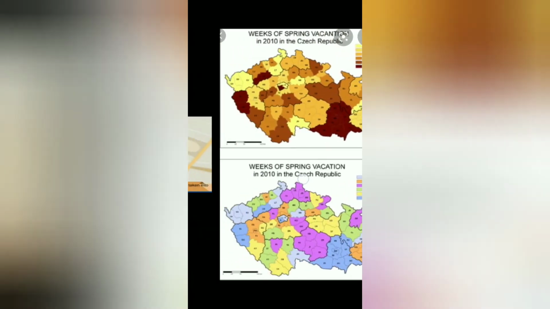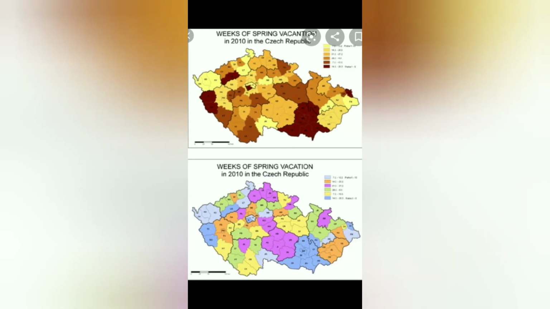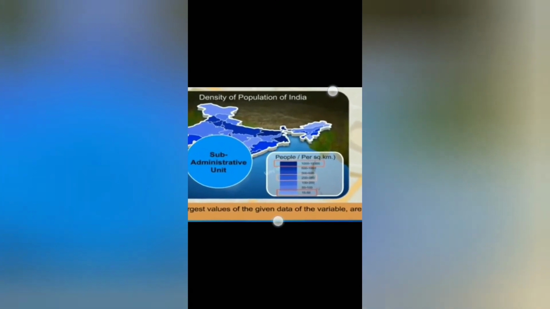Now you can see another choropleth map. In the first choropleth map I used tints of the same color, meaning shades of one color, and here different colors are used to show our distribution. Here you can see the smallest and the largest value of the given data of the variable are taken into consideration. Now I am zooming in.